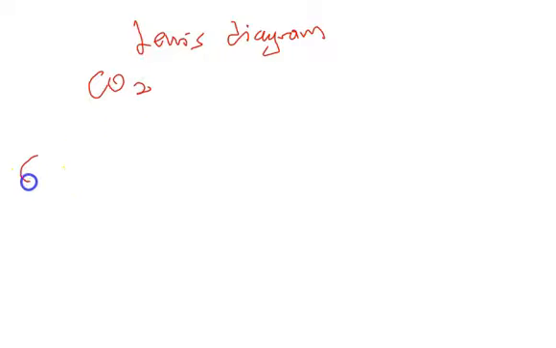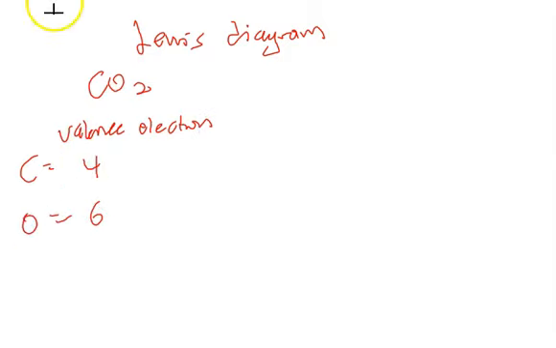Carbon is group 14, so it has 4 valence electrons. Oxygen is 6. So we put the single carbon in the center, with the oxygens on either side.